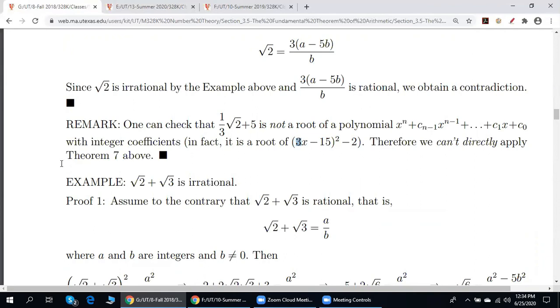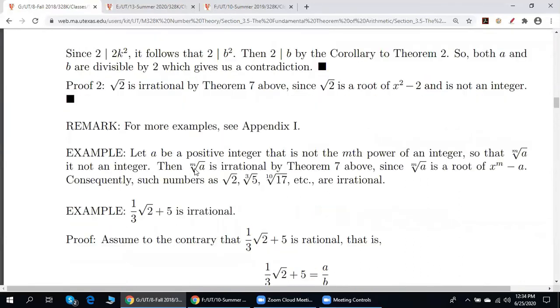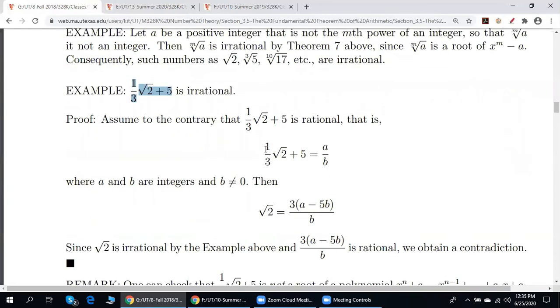So, Theorem 7 has its limitations. Theorem 7, according to this example, can be used in order to prove that this is irrational, this is irrational, this is irrational, and so on. But in this example, we cannot use Theorem 7 directly. First, we have to rewrite this as this, and after that, we apply Theorem 7 to square root of 2.